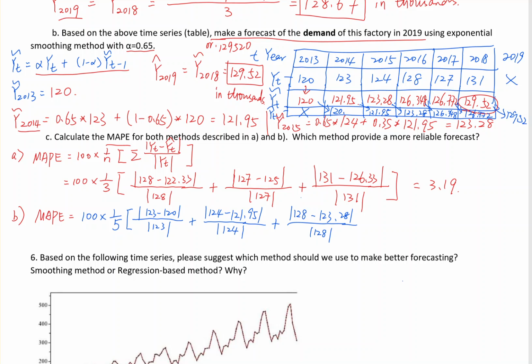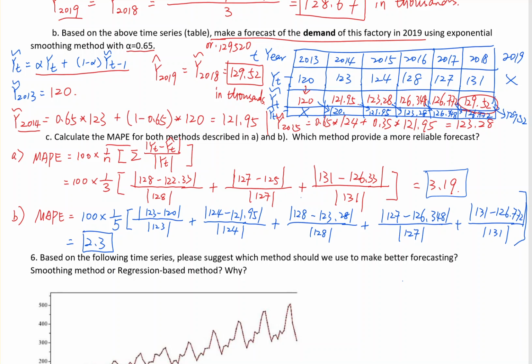So it will be this part. And then for the next pair, 127 minus 126.348 divided by 127. And the last one, which is 131 minus 126.772 divided by 131. After you calculate this, you will have 2.3.